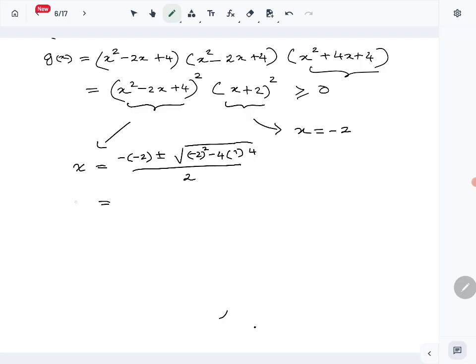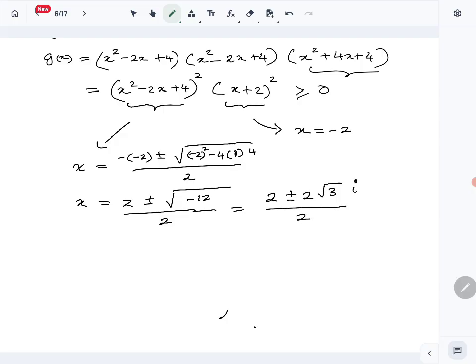So simplify. X equals 2 plus or minus root of 4 minus 16. So minus 12 over 2. So this becomes 2 plus or minus 2 root 3i over 2.